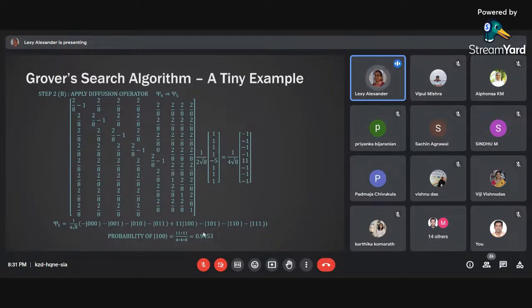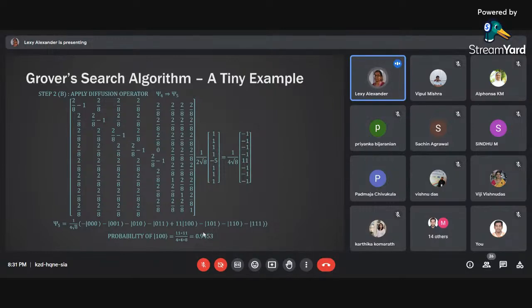So the other states' probabilities keep decreasing, and for the targeted state it keeps increasing. Actually, up to here only we have to do as per the algorithm, because pi by 4 square root of n means only 2 iterations. We can stop here and measure. The state 100 has the highest probability, so it will mostly come out.